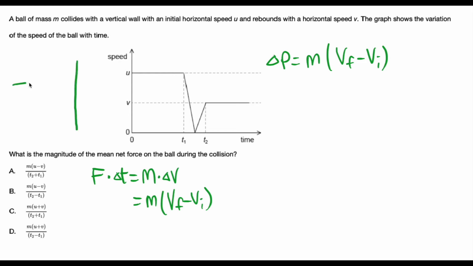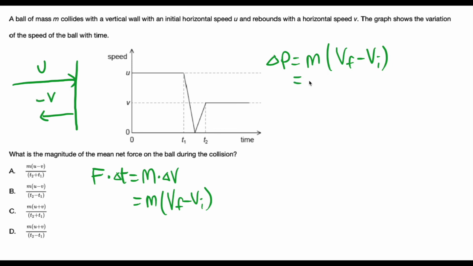So this is the initial velocity of the ball. So it has a velocity of u, and then it rebounds with a speed of v, right? But because velocity is a vector quantity, direction also matters. So there has to be a negative sign in front.